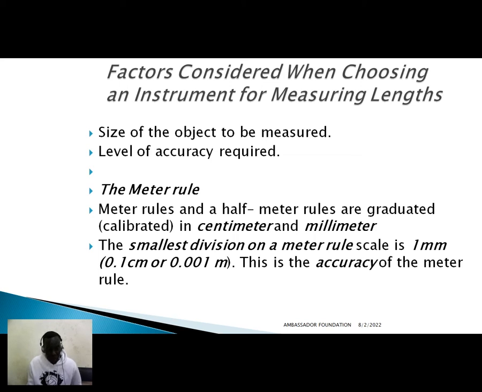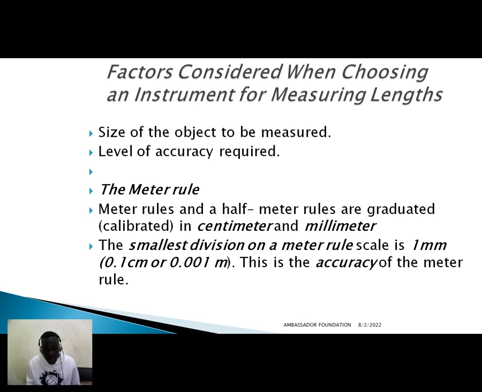Accuracy, in simple terms, is the smallest length a measuring instrument can measure. When measuring centimeters, you cannot get a value like 6.25. No, it's wrong. You just get 6.2, 6.5. You cannot get up to 2 decimal places when using the scale in centimeters.